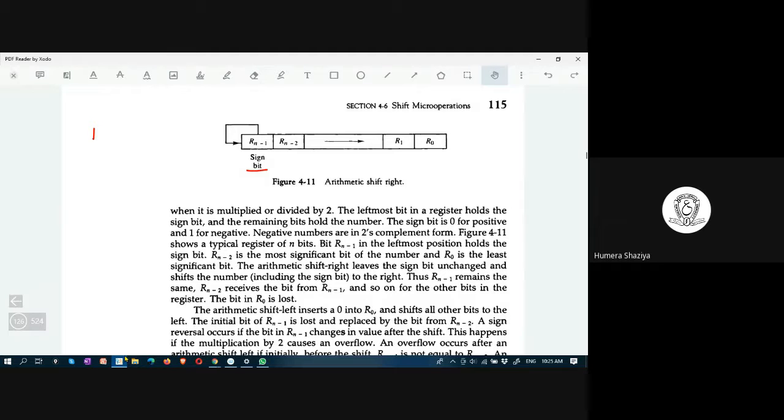So we have to preserve the sign bit whenever we are performing arithmetic shift left and arithmetic shift right micro operations. So consider this number. Let us take an 8 bit number. Okay, 4. How do you represent 4?